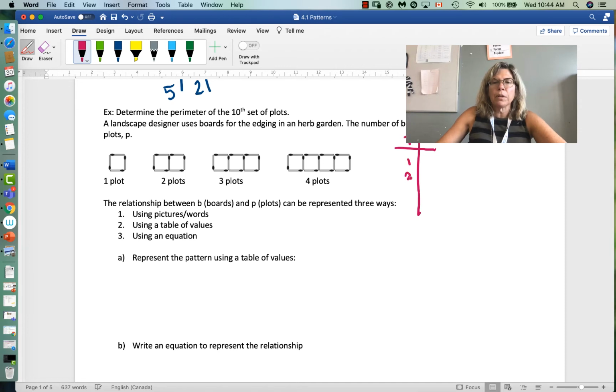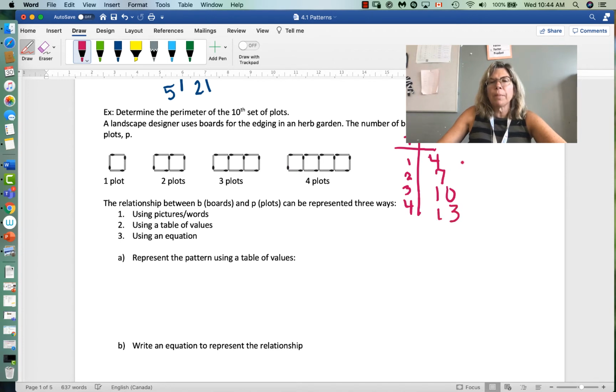So plot 1, 2, 3, 4. So plot 1 has 4 boards. And plot 2 has 7 boards. And plot 3 has those 7 plus 3 more, which is 10. And plot 4 has 13.